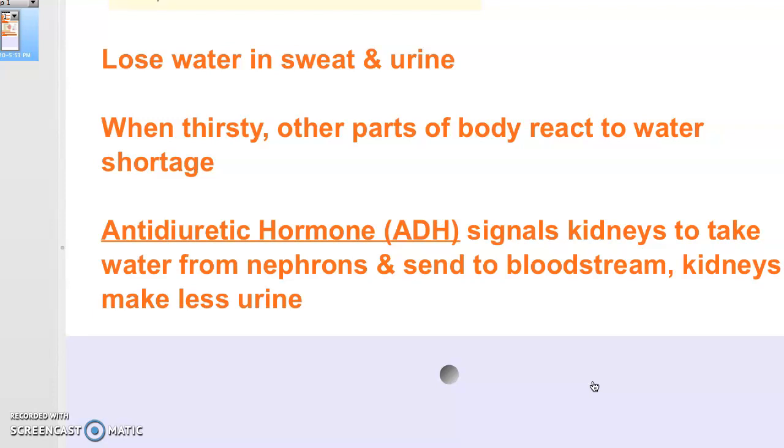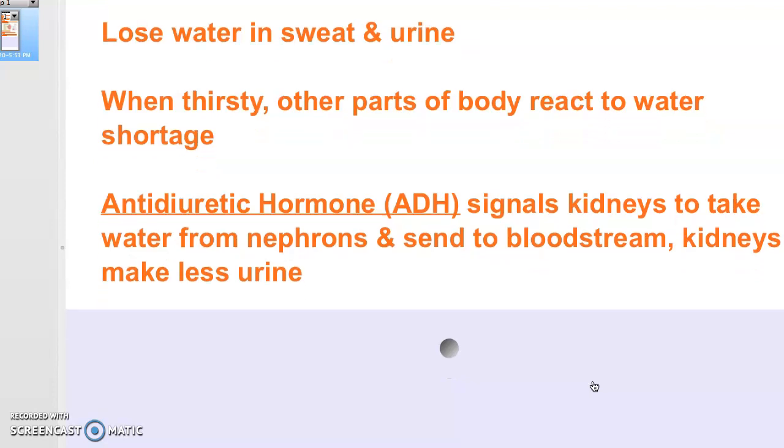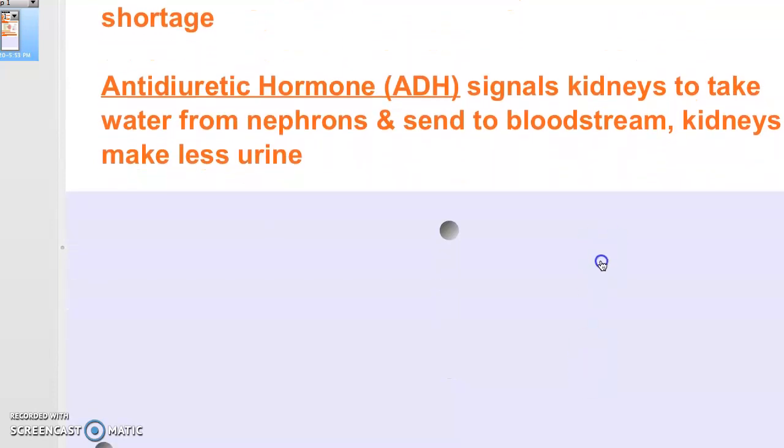It basically signals the kidneys to bring water back and send it into our bloodstream. So then your kidneys make less urine, and eventually you're not going to the bathroom as much. So you want to always be aware of keeping fluids in your body and making sure that you are urinating throughout the day. That's a big deal.